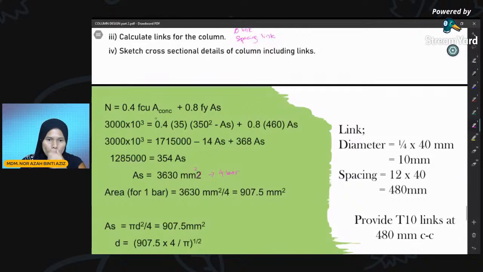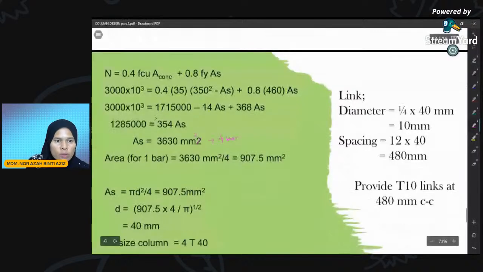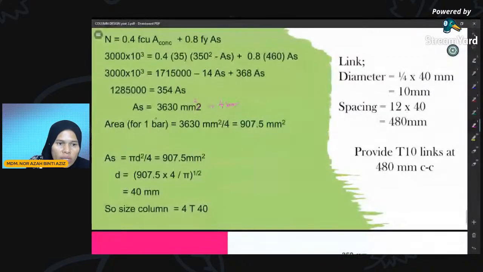Okay, so now we determine the minimum diameter. The formula for area equals pi d squared over 4, right? Area for 1 bar is 907.5, so here we get the diameter. Size is 40. So your final answer is 4T40.